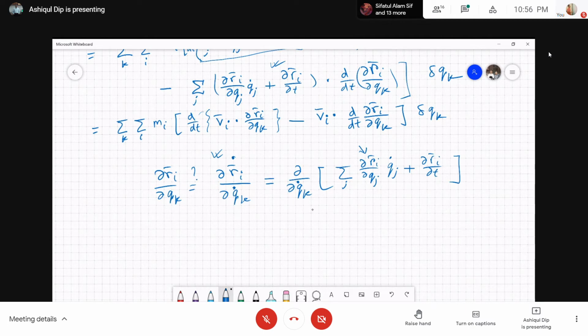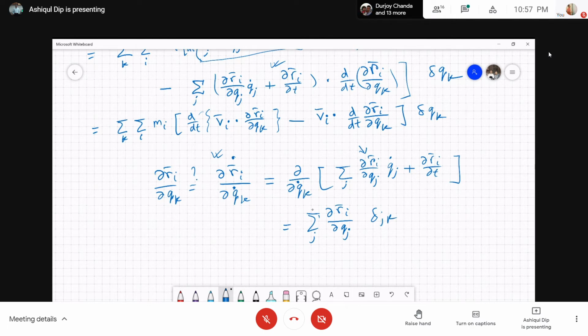By the product rule, ∂r_i/∂q_j is unaffected, then ∂q_j dot over ∂q_k dot, which is the Kronecker delta jk, and again you have a sum over j.